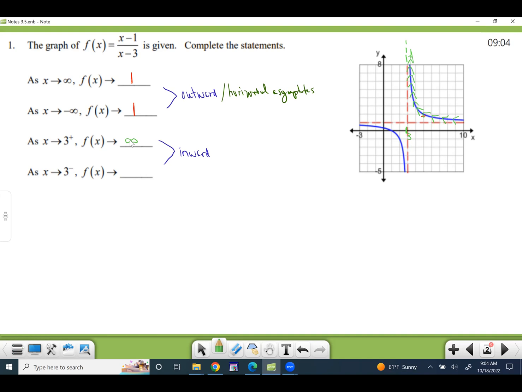Now, if I head towards 3 from the left, which is the next question, then I'm going to head towards 3 but be on the left-hand side of 3. And you'll notice this time all of my arrows are going down and down. As I get closer to 3, my y values are going to negative infinity this time.